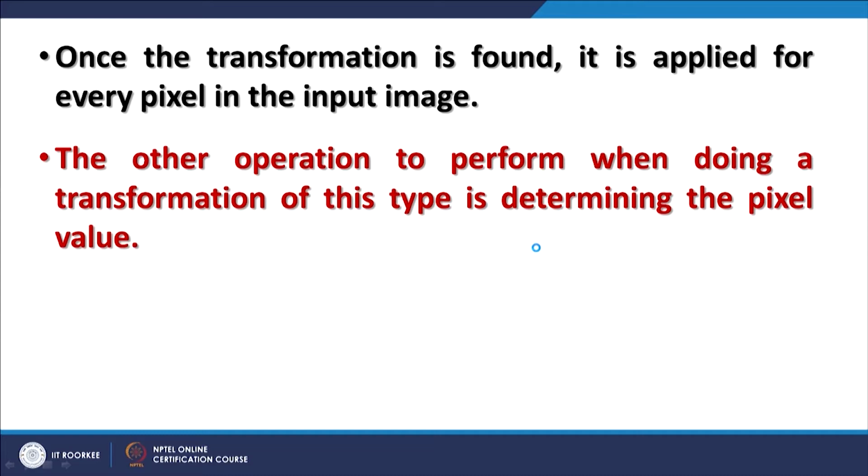Now, once the transformation is found, then it is applied for every pixel in the input image, and the other operation is to perform the transformation. Once the registration is done, then we have to do the transformation. We have to determine the pixel value basically.